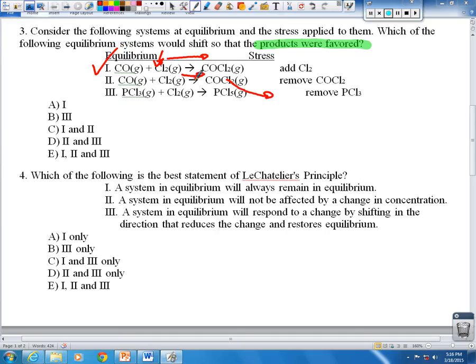Toward, so what does that mean? Products are favored. So automatically that knocks out A, B, and the rest of them are still good. And then remove PCl3. So I take away this way, and what happens? Shift where? Towards the reactants, right? So that knocks out D and E, so it has to be C. See how easy that was? Okay.